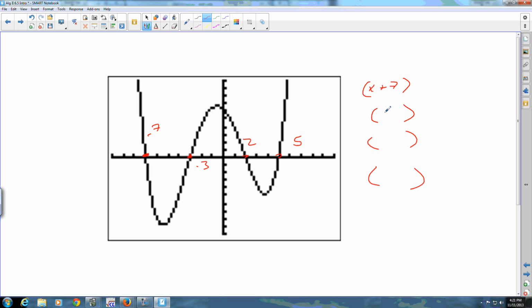Remember, you do them opposite. x plus 3, x minus 2, and x minus 5. And if you were to multiply all those together, which isn't what we're up to right now, you would get this graph. I'm just trying to tie this back into what we've been doing.